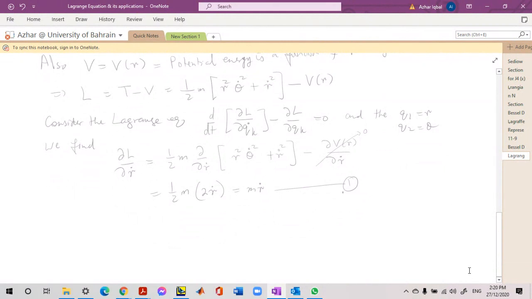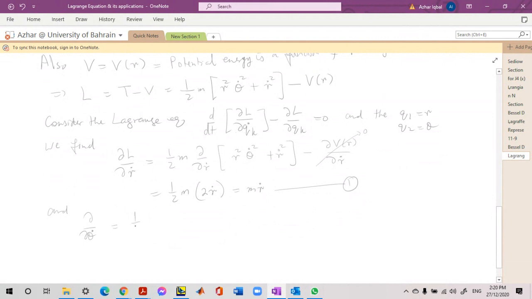Likewise, if I find out partial L over partial theta dot, because this is involved here. Theta is a generalized coordinate, and you are partially differentiating L with respect to the time derivative of the generalized coordinate, which is theta in our case.